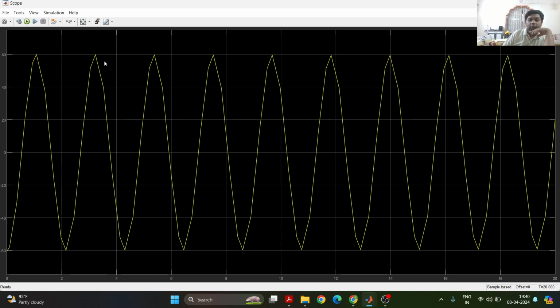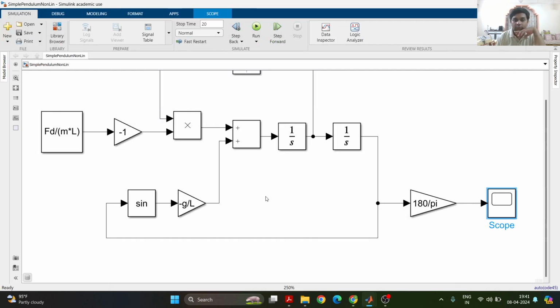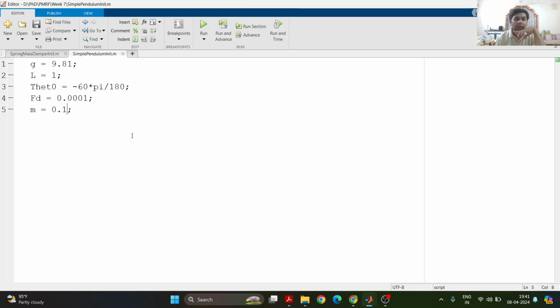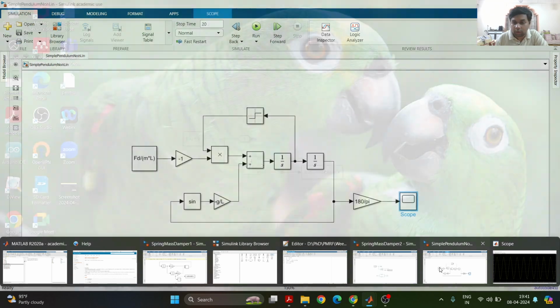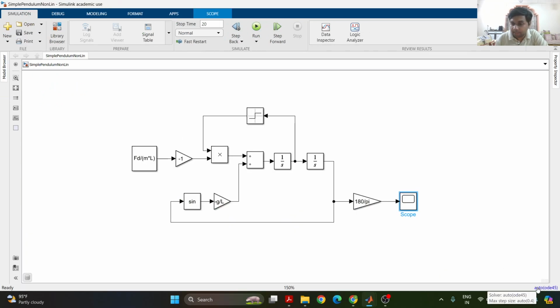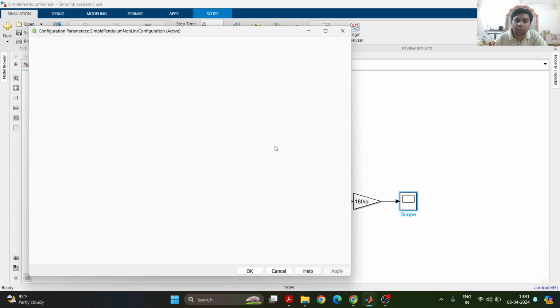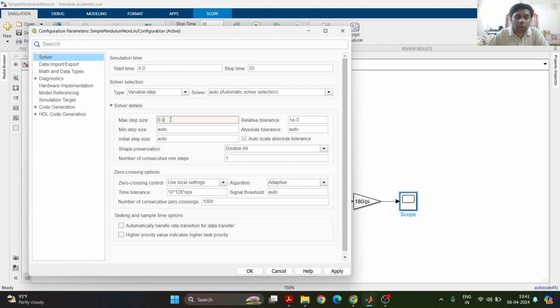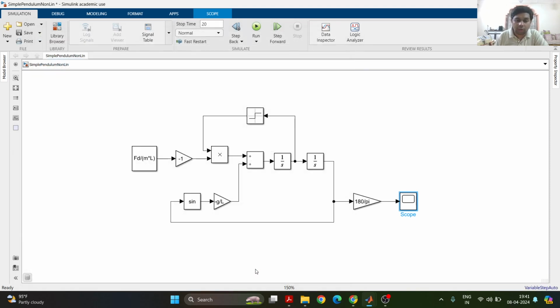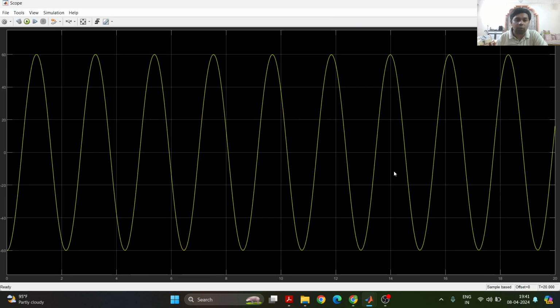So now we can see at least some output here, which is oscillatory, and we can further try to tweak this value of the force. Now it is using a maximum step size of 0.4, so we can consider reducing it. Generally when we are running a new model, a good starting point is to set the max step size to auto.